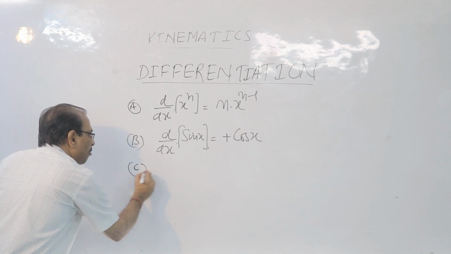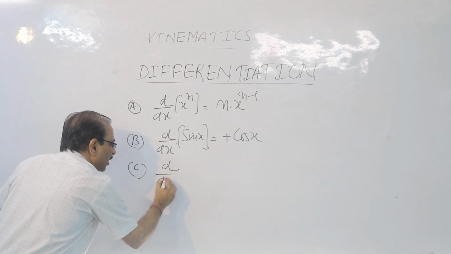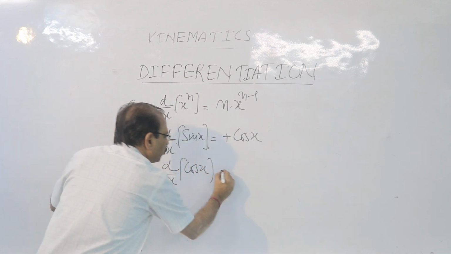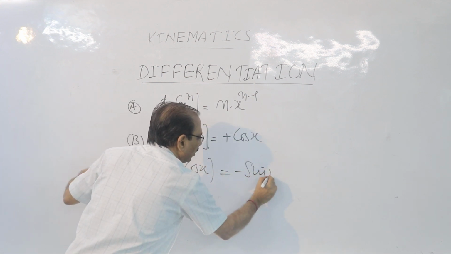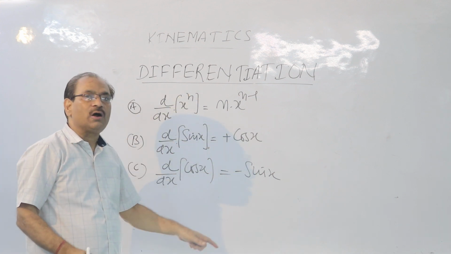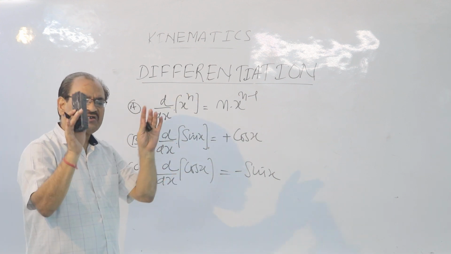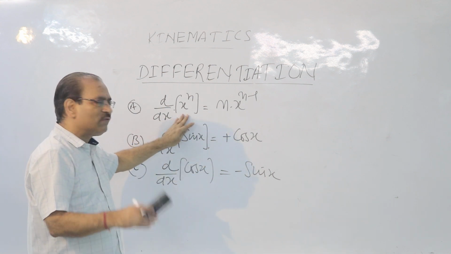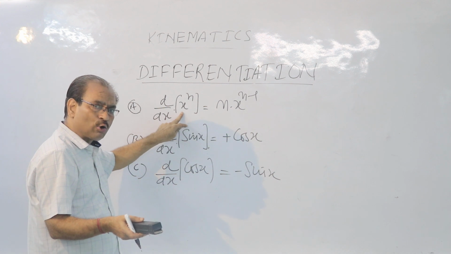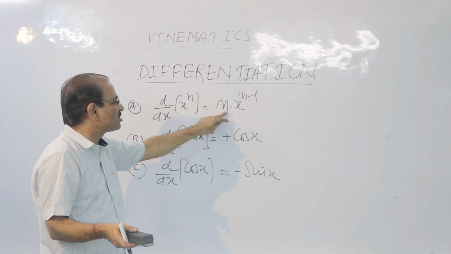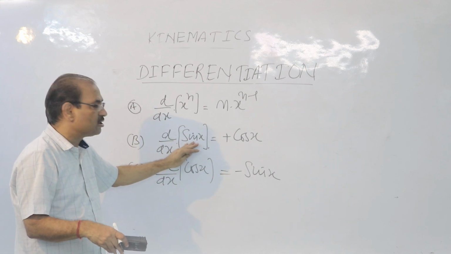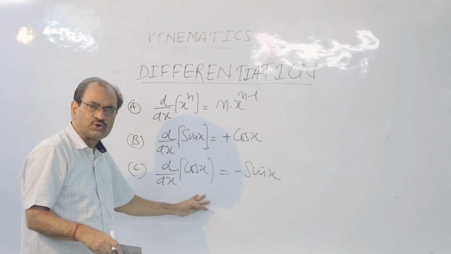Children, number C, d upon dx of cos x is equal to minus sin x. You can tell these 3 formulae simply: after differentiating the function x to the power n, our answer will become this much. Similarly, if our function is sin x, it will be our answer, and so on.